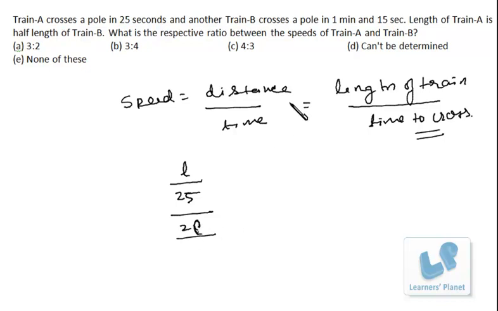And over here the time is 1 minute 15 seconds. Here we have taken the time in seconds, so in this case also I'll be taking the time in seconds. So it's 60 plus 15, that is 75, right? So it's L by 25 to 2L by 75, so it's 3:2. Okay, I hope you are clear.